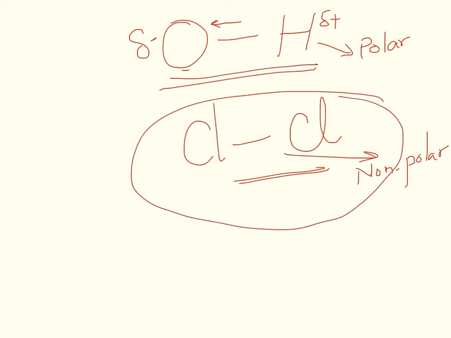For bonds, it's easy to know if a molecule is polar or not. What is a polar molecule? For practical purposes, let's say you had a beaker with polar molecules, and I'm going to represent a molecule like this with positive and negative charge.